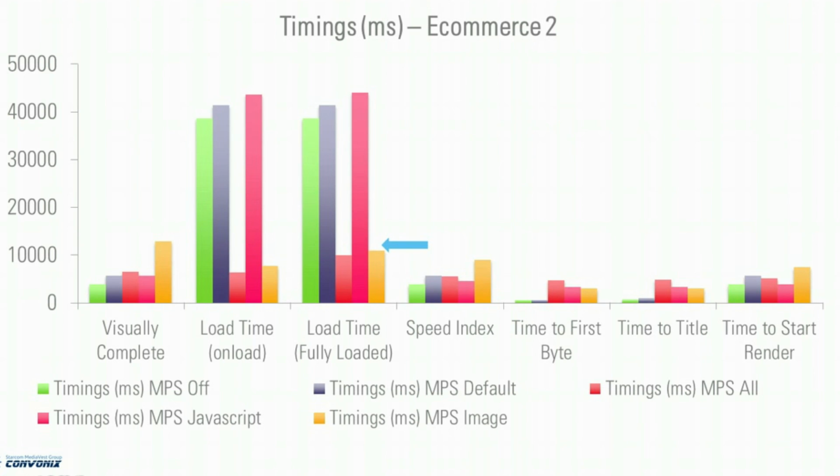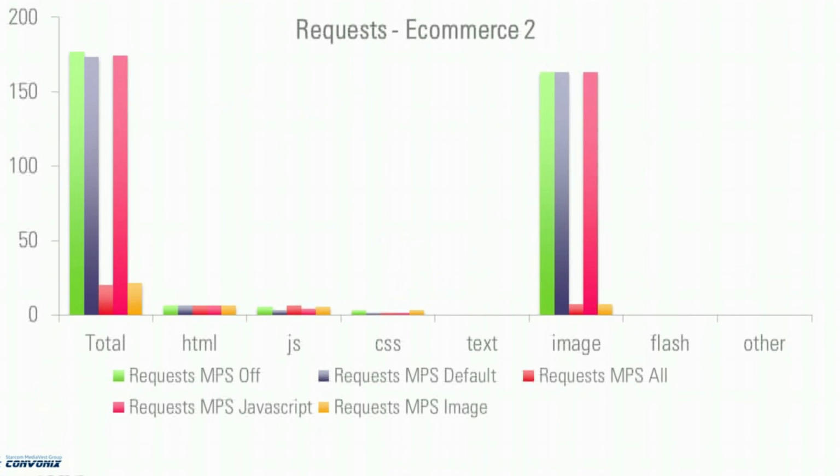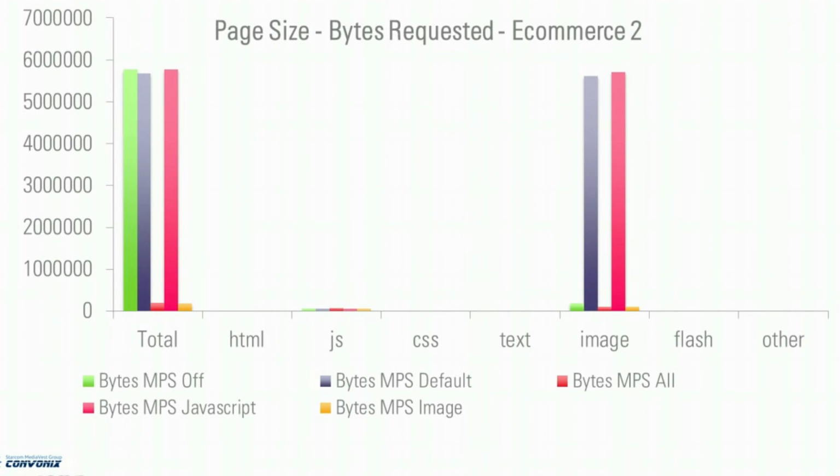We observed that again in the request category, all filters on showed the most reduction in the number of requests, with our custom image filter close behind. But in terms of reduction of page size, our custom image filter showed the most reduction, followed by all filters on.